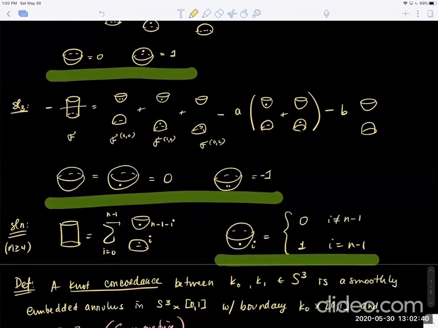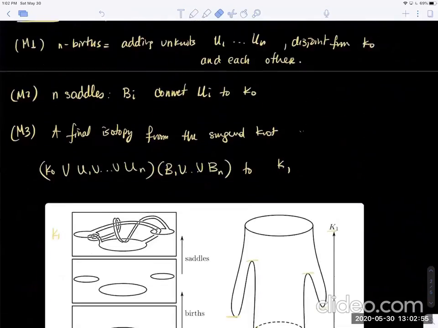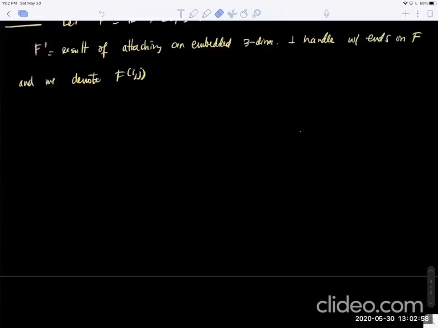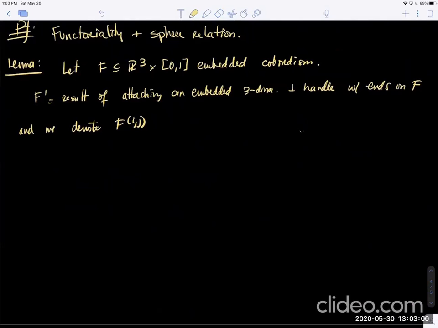If you cut around here, then F20 is going to be the part that you get from cutting the one handle, getting 2 dots on top and 0 dots on the second component, and so on. Then, if you do that to whatever cobordism we had with a handle, we denote by Fij the resulting dotted components after neck cutting F prime.